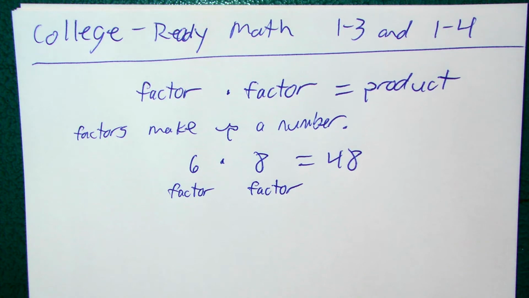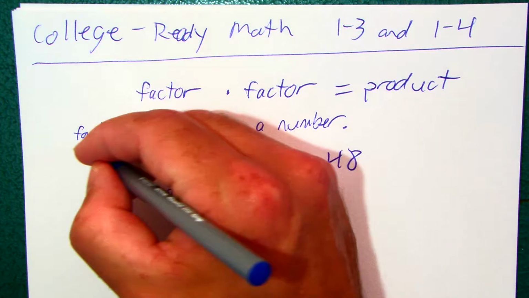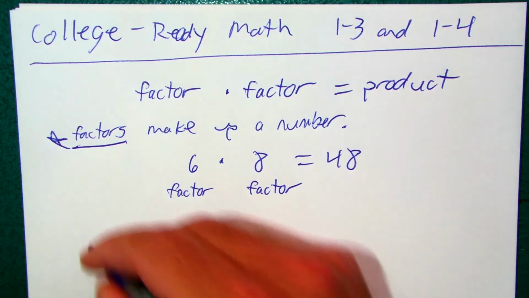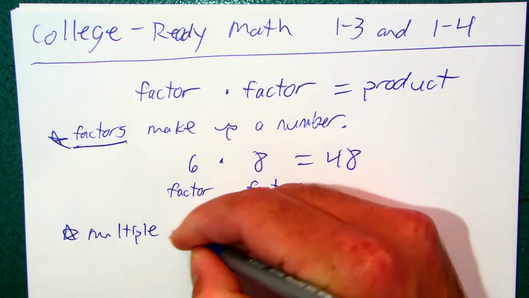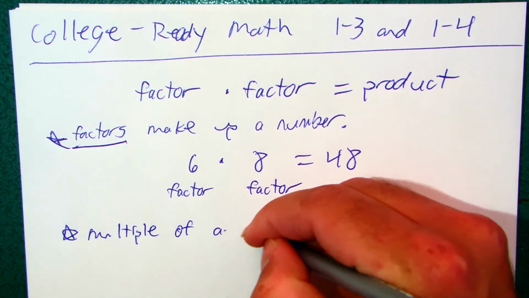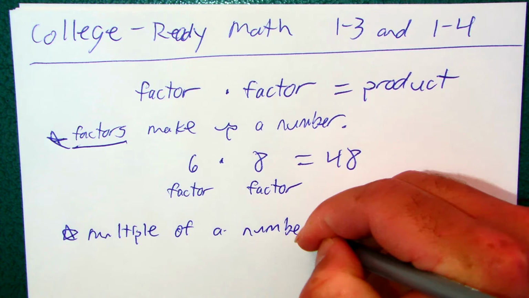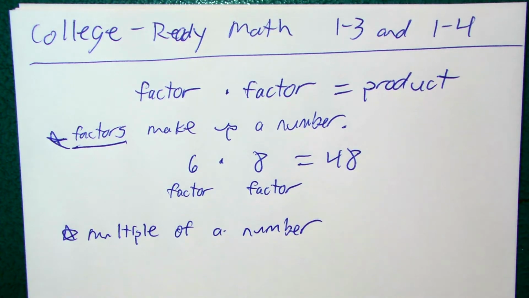All right. Next up, the other term that we're going to need is a multiple of a number. If you think of skip counting, if you count by fives, like 5, 10, 15, 20, 25, 30, 35, 40, those are all multiples of 5. So they're products of that number and another number.